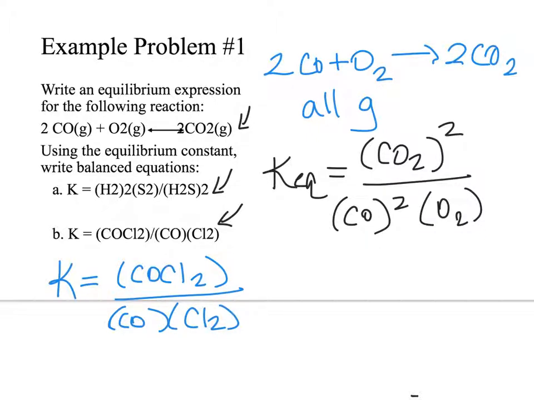All right, very good. Same thing, product is on top, so carbon monoxide gas plus chlorine goes to, and that's equilibrium, COCl2. And if I did it correctly, it should be balanced.